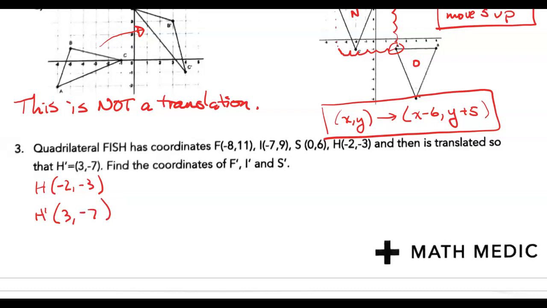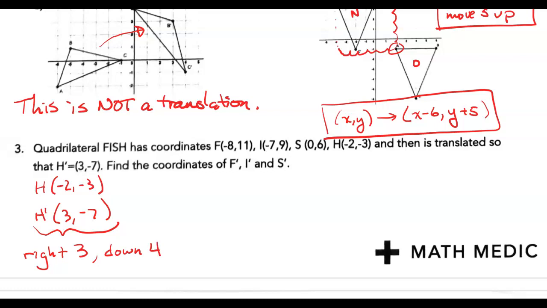Okay, so I can see that I went from -2 to 3, so I moved right 3, and then I went from -3 to -7, so I went further down. I went down by 4.